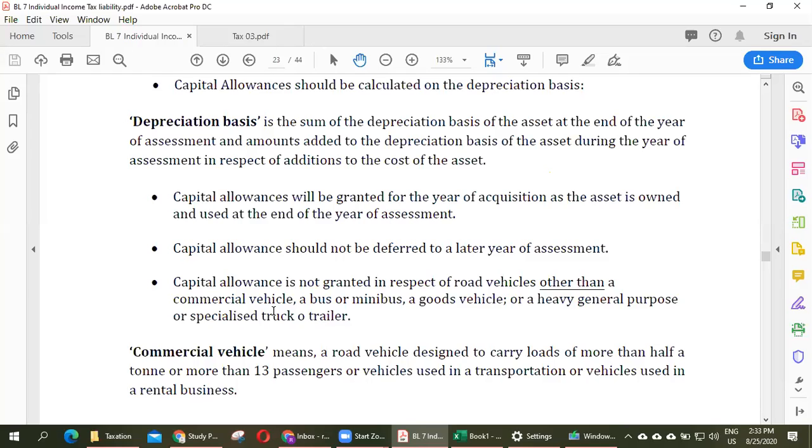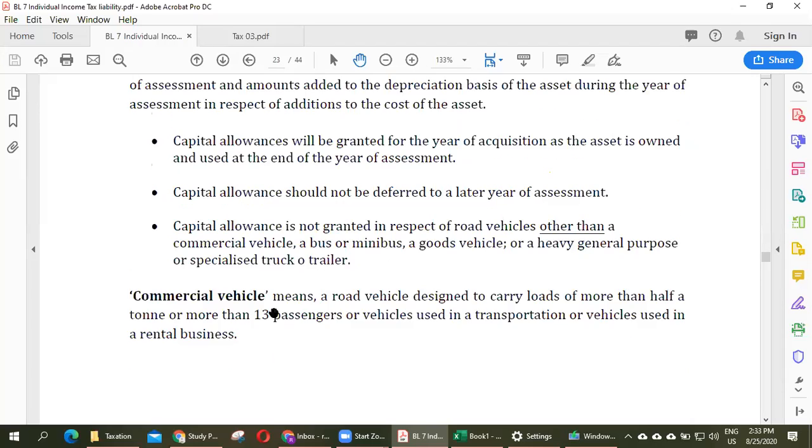Commercial vehicle means a road vehicle designed to carry a load of more than half a ton or more than 13 passengers, or a vehicle used in transportation or in a rental business. So normally a company uses a car for the use of a manager, and that time it's a road vehicle.